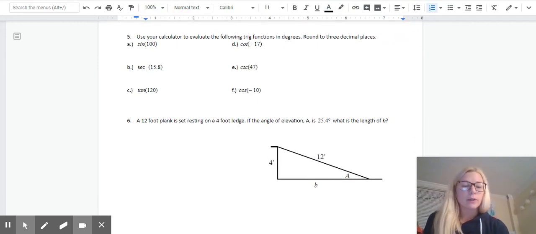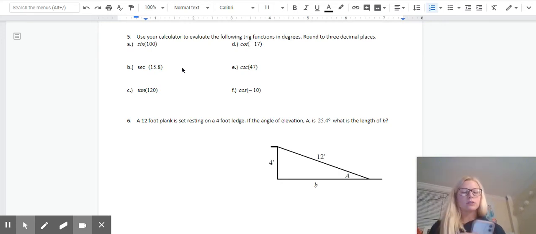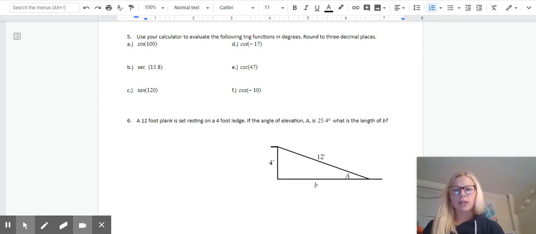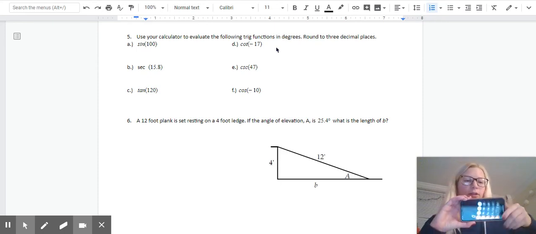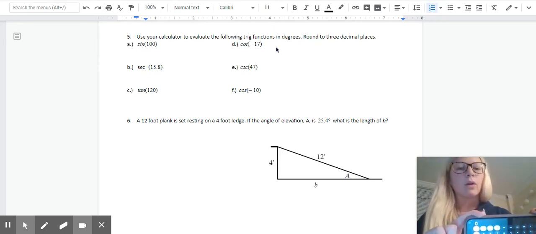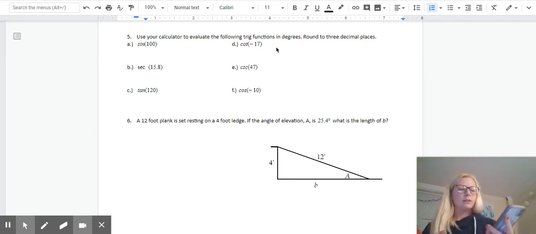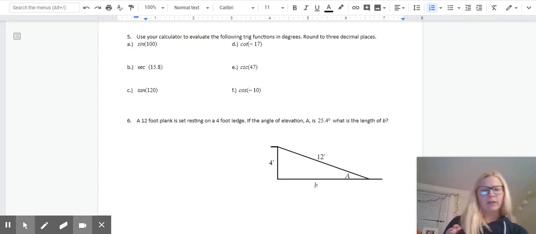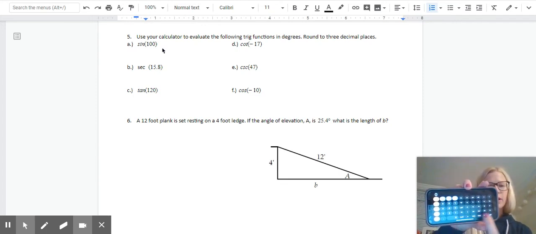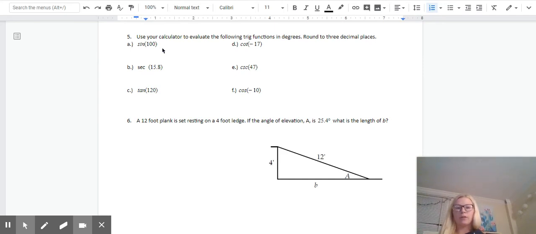All right, so now the real reason I put a video in here is because I want to show you that you can actually do trig functions on your iPhone if you have one. It says use your calculator to evaluate the following trig functions in degrees, round to 3 decimals. If you take your phone calculator and flip it, it gives you all of these different buttons, and right in this area are the trig functions.